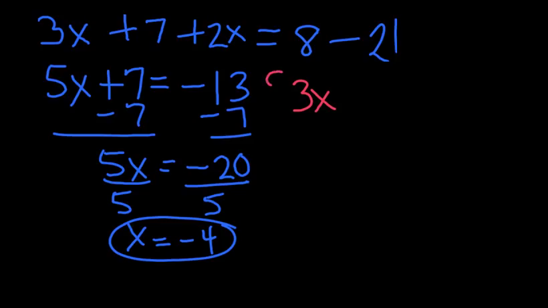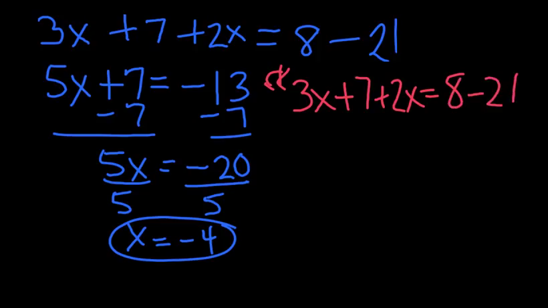Remember, in the checking, you need the original problem. So 3x plus 7 plus 2x equals 8 minus 21. Put your negative 4 in for all the x's. 3 times negative 4 plus 7 plus 2 times negative 4 equals 8 minus 21.